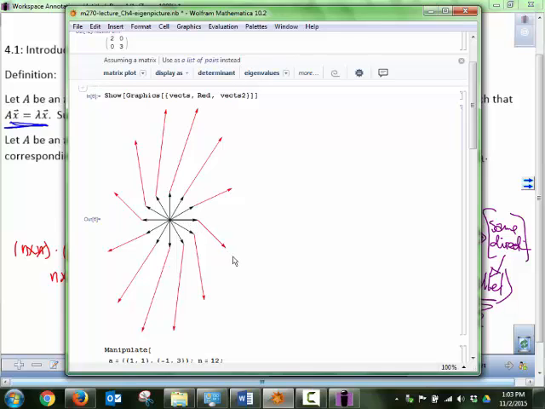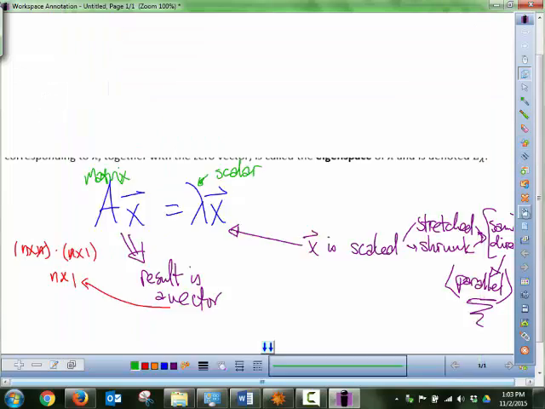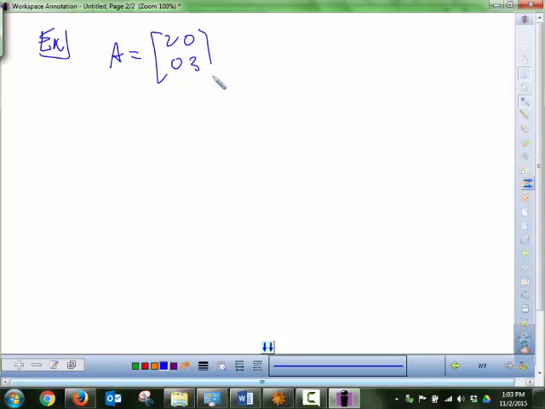So let's verify those actually using the calculation. So let's say A equals 2, 0, 0, 3. And let's take a couple of those vectors that we might be able to see here. Let's call it E1.